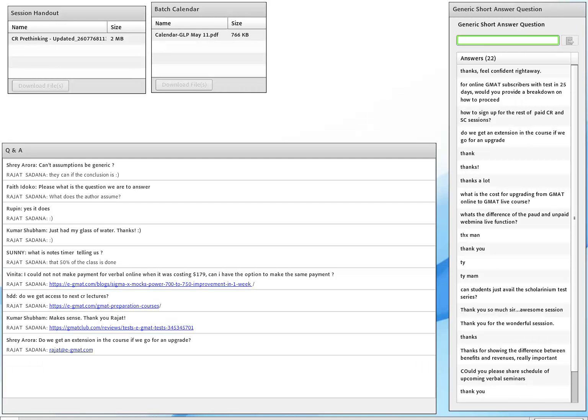I get students who come to me 2 years after taking the course, in the middle of an MBA, and they say, "Hey, I still remember a lot of what I learned in sentence correction, and I'm using that as I write." Similarly, with critical reasoning, as they express themselves and write their reports, they're able to see that.